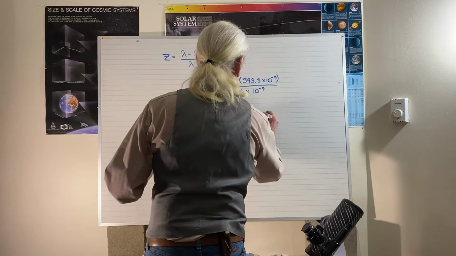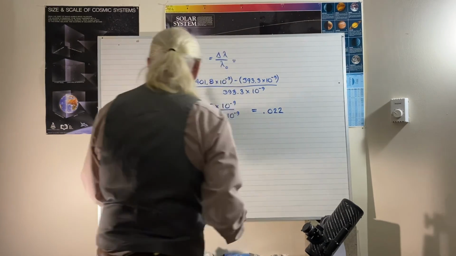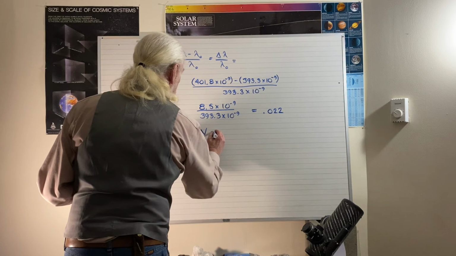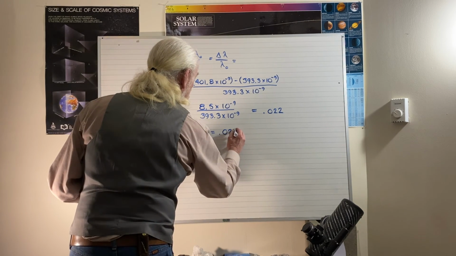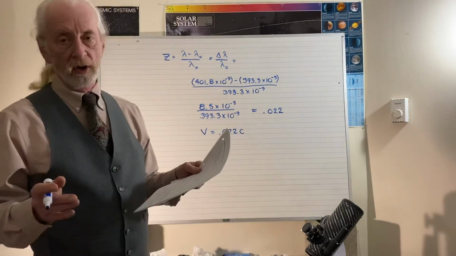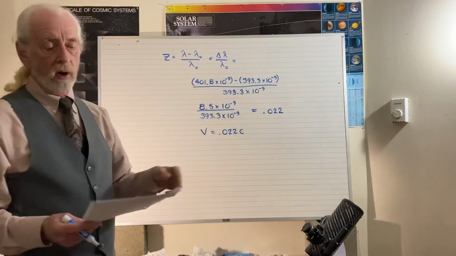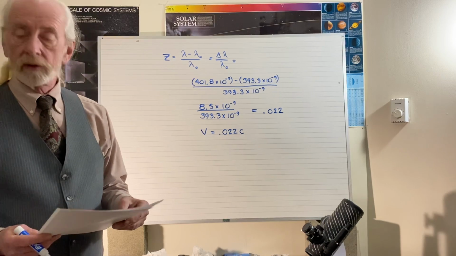That comes out to 0.022. So our velocity is 0.022c. And that is definitely non-relativistic. That's a non-relativistic velocity. It's well below 0.1c. All right, we'll pause here and go to the next page.